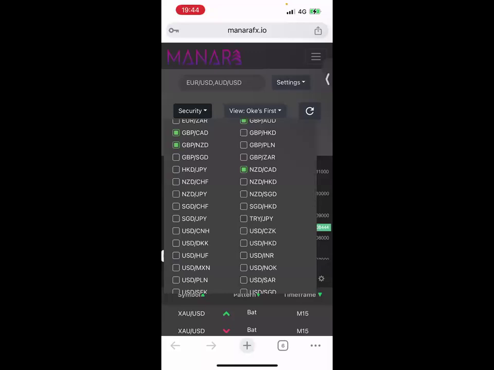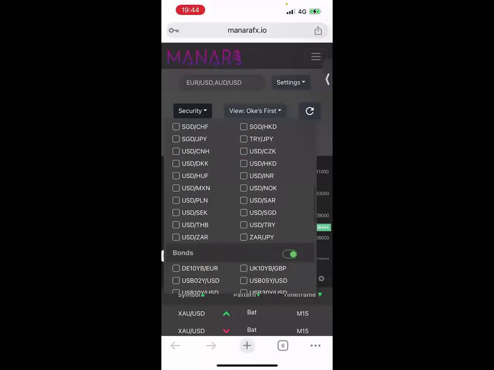Scroll. Okay, great. Those are the few minor and exotic pairs that we trade.